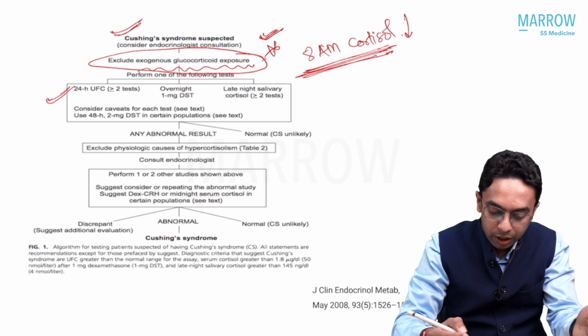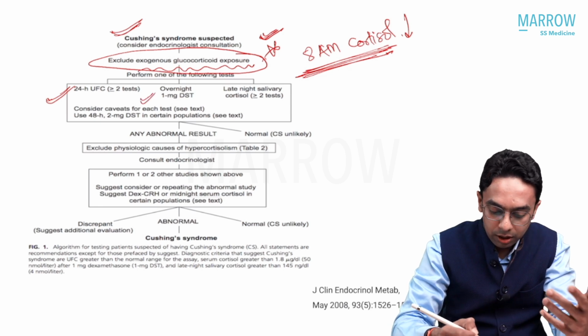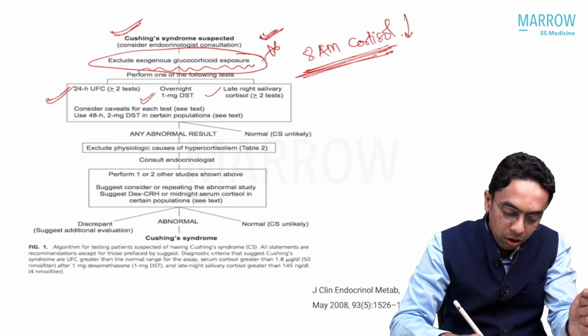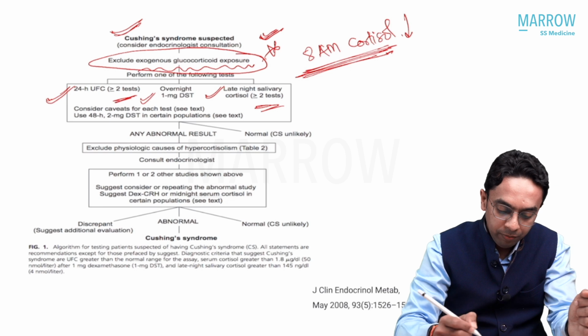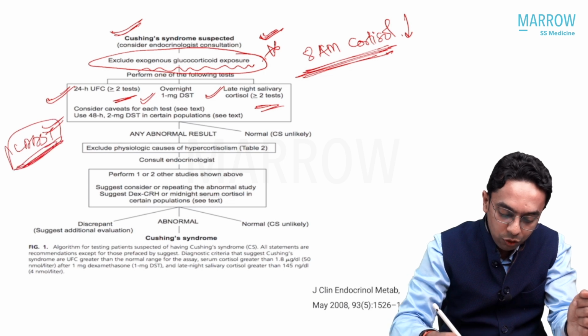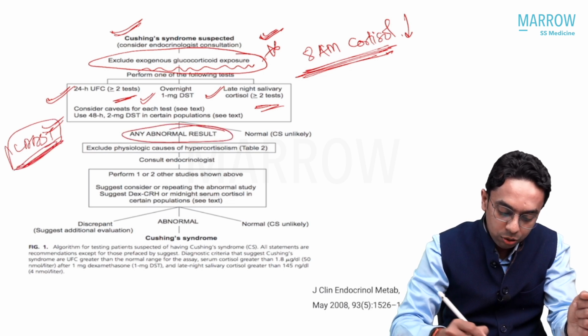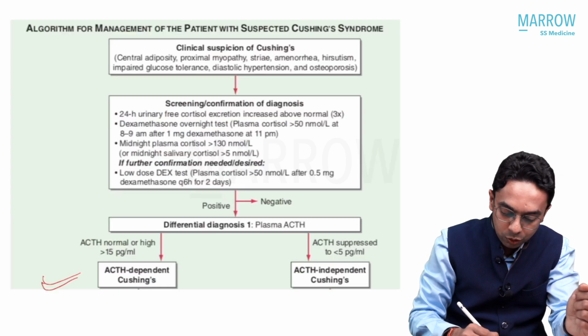You need 24-hour urinary free cortisol, ONDST, the overnight dexamethasone suppression test, or late night salivary cortisol. Two tests should be done. And then you can proceed to LDDST, the low dose dexamethasone suppression test. And once you have confirmed that it is Cushing's, then the most important thing is you need ACTH values.